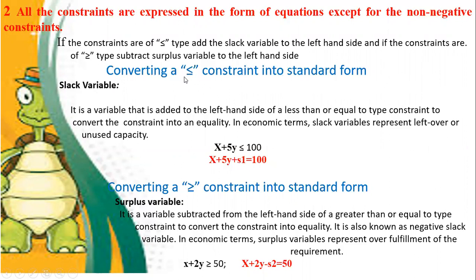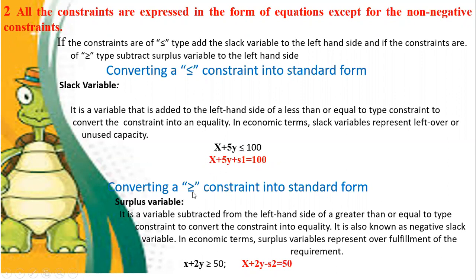Take the example x plus 5y lesser than or equal to 100. The left hand side is lesser than 100, so to make it equal, we add a variable called the slack variable. If you have a lesser than or equal to sign, add the slack variable to the left hand side and make it equal to the right hand side.